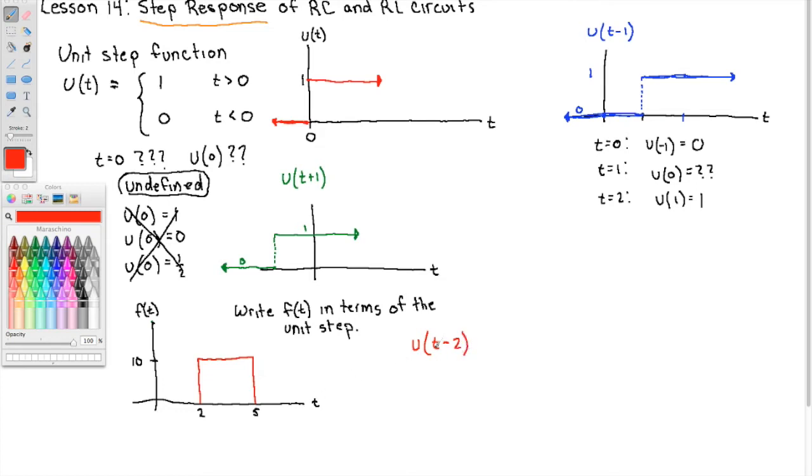If we take the unit step and we subtract 2 from the independent variable, that shifts it, like this blue wave, that shifts it to the right by, in this case, 2. So that's going to make the discontinuity at 2. But you see, this guy, the original function f of t, jumps by 10 units. Okay, the unit step, by definition, only jumps by 1 unit.